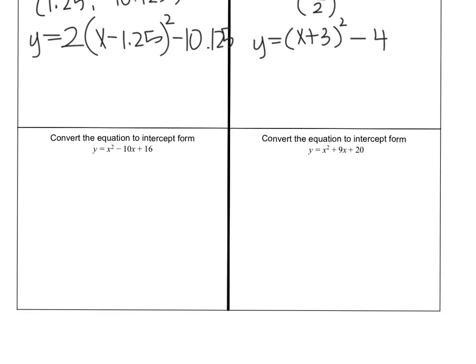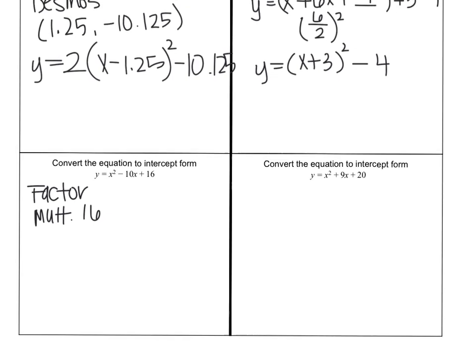Lastly, we are converting to intercept form. So the way we're going to convert to intercept form is by factoring. Okay. So in y equals x squared minus 10x plus 16, we're looking for the numbers that multiply to 16 and add to negative 10.